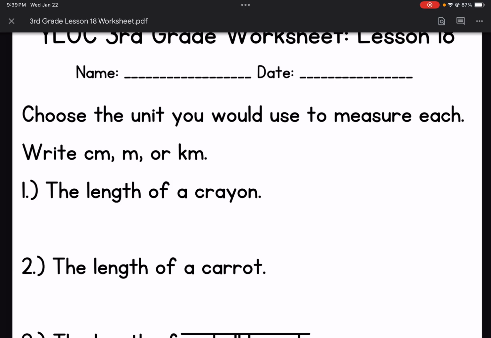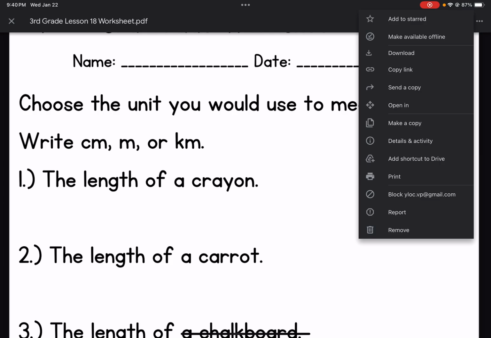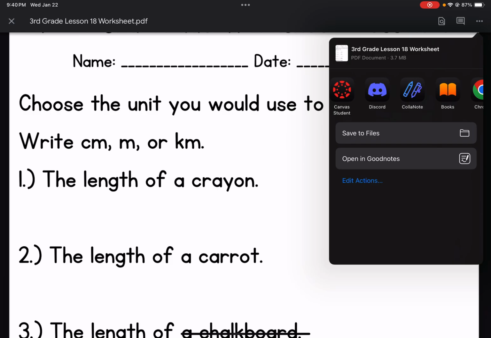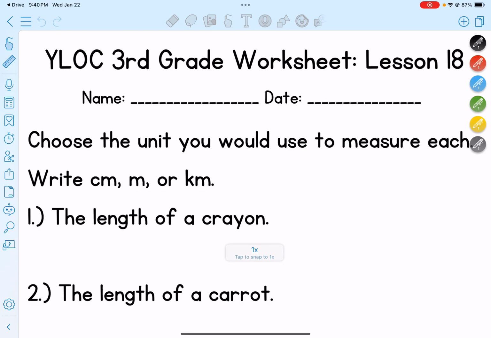So I did some research on the difference between a kilometer, meter, and a centimeter. 1 kilometer would equal 1,000 meters, and 1,000 meters would equal 100,000 centimeters.